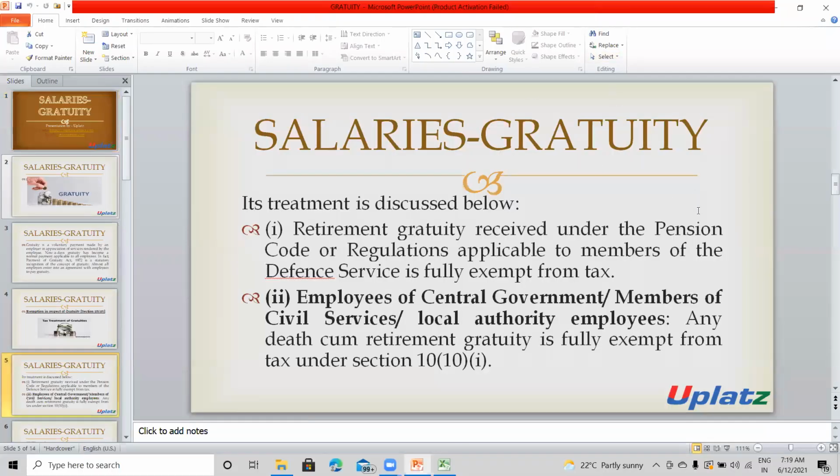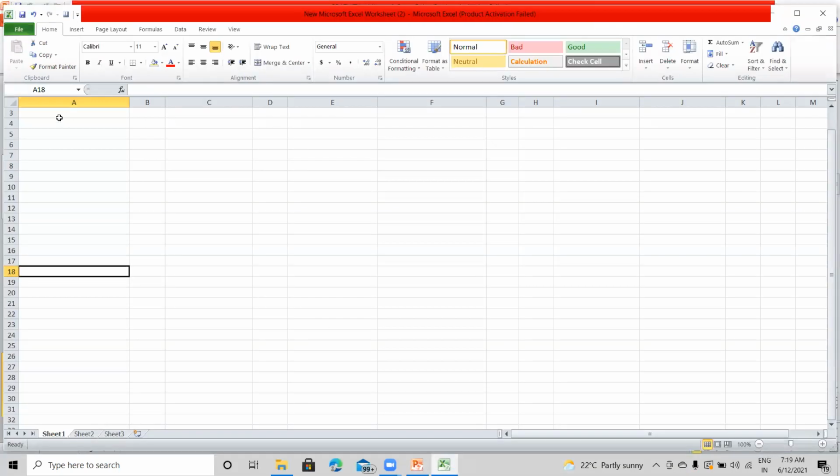For example, first we will discuss the first point, the member of defense service.